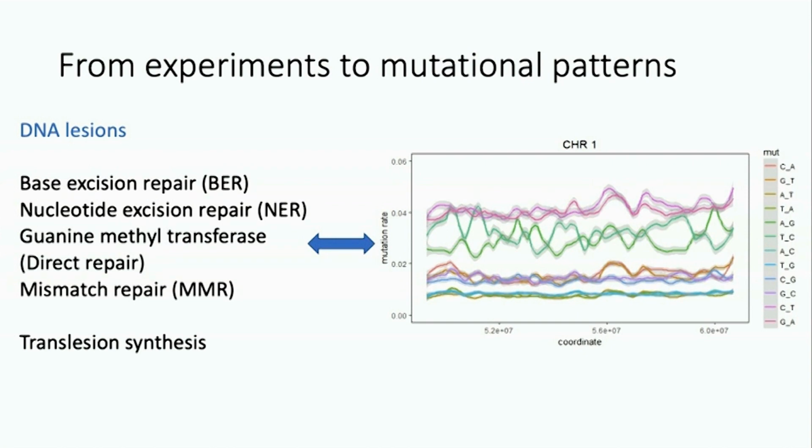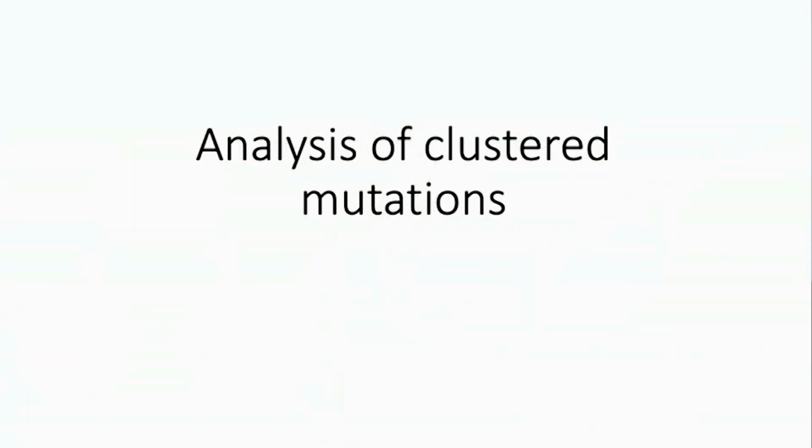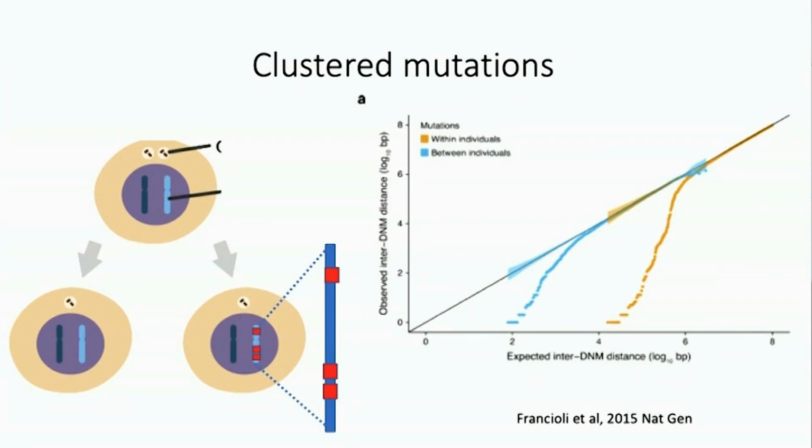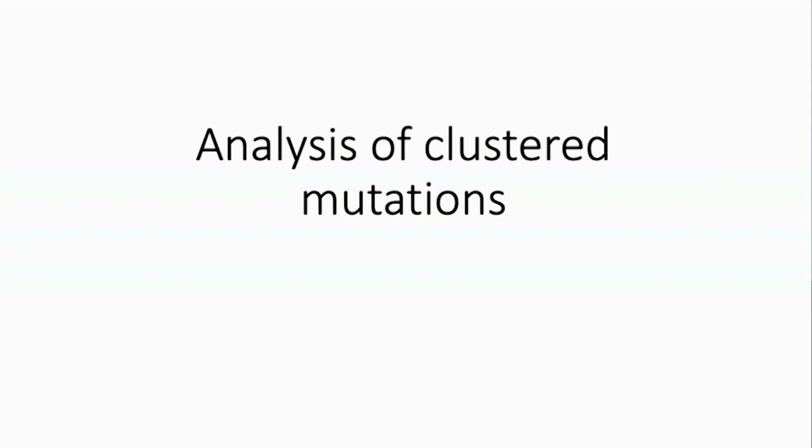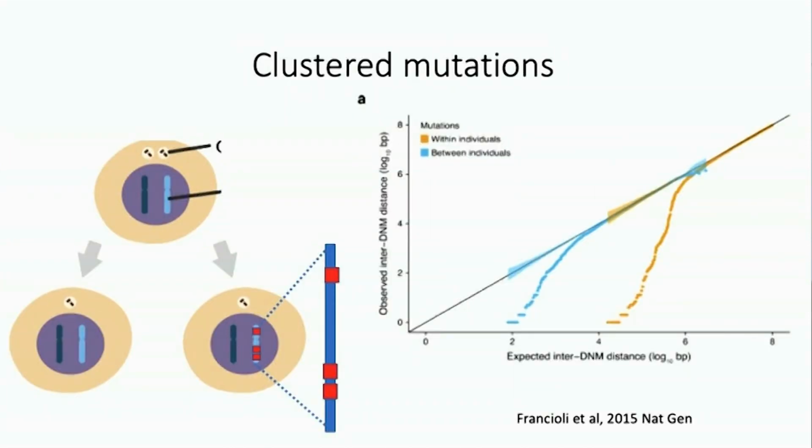Okay, so let's talk a little bit about the research. I will talk about clustered mutations. So what are clustered mutations? Actually, when DNA doubles, mutations occur not just independently, but rarely a few mutations occur very close to each other.